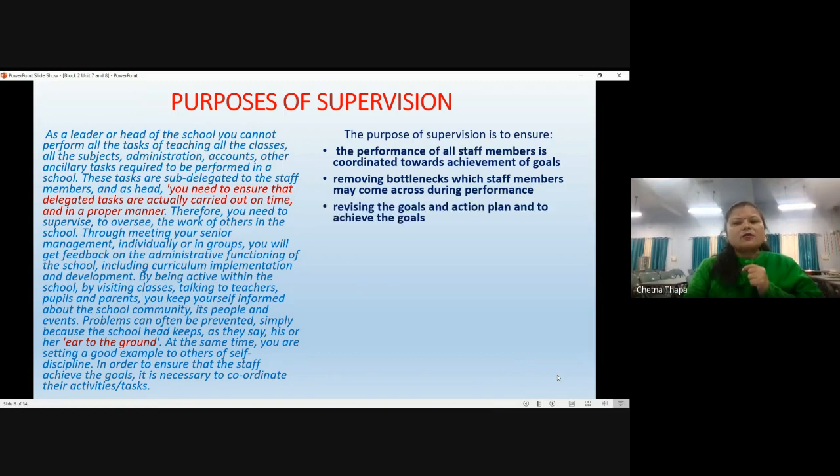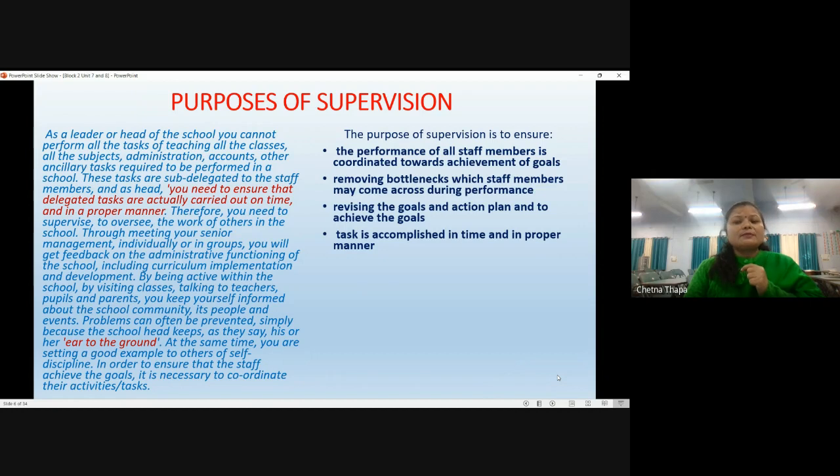You might come across certain hindrances or certain difficulties for goal achievement. So then you can revise the goal, plan another action plan, and move forward for proper implementation of that plan to achieve the goals of the school.